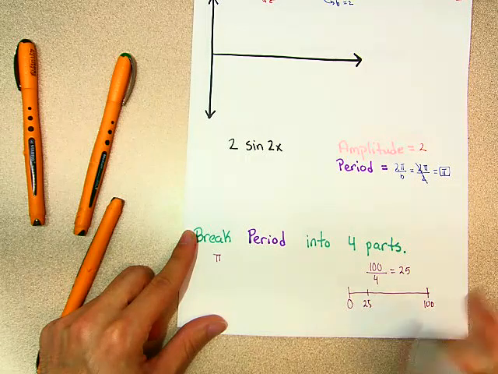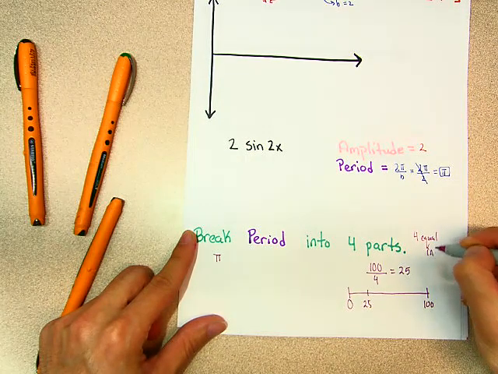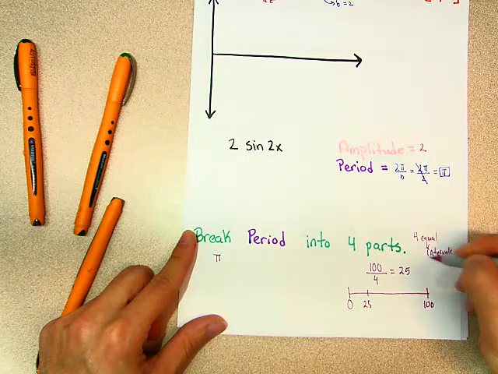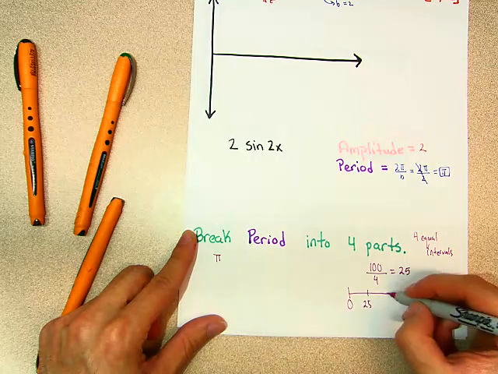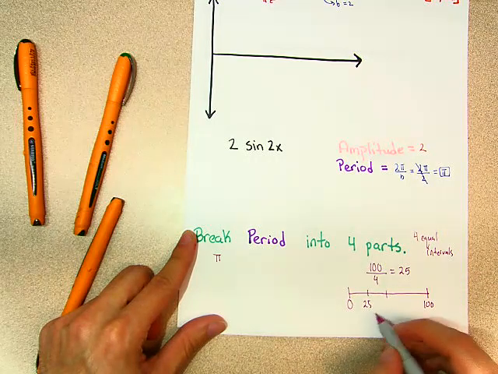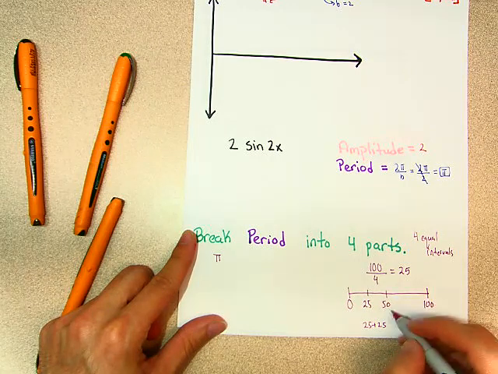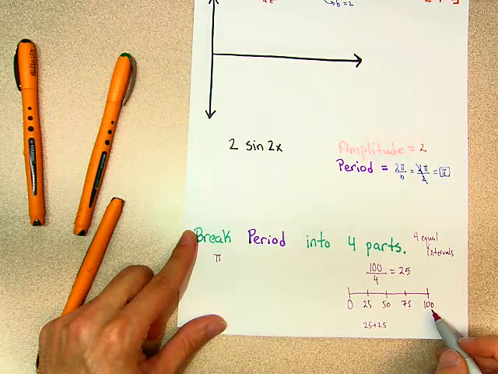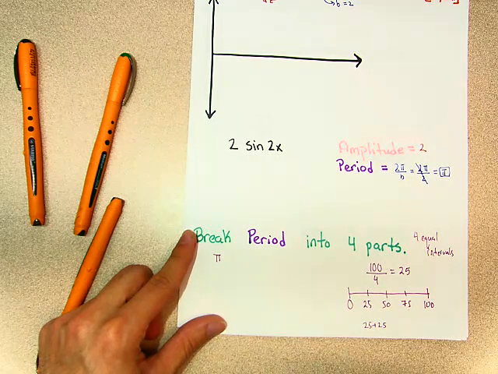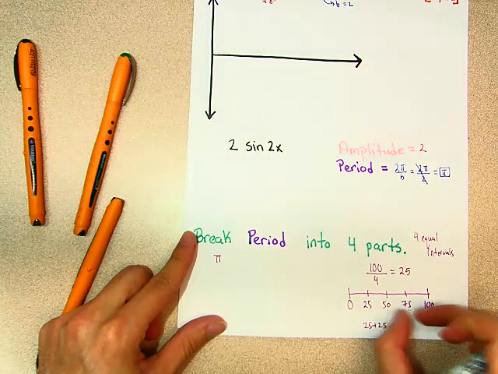And if I want to create 4 equal intervals of 4 equal parts of 100, well, the first part is 25. Then how do you get to the next part? It's 25 plus 25, which is 50. 50 plus 25 is 75. And 75 plus 25 is 100.